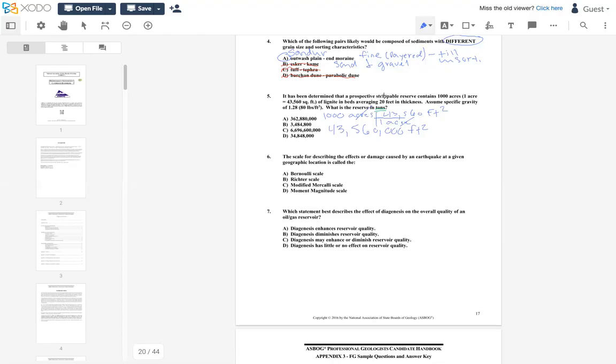So we're told that they average in thickness of 20 feet. So let's go ahead and make this cubic feet by multiplying by 20. And so what we get when we do that calculation is 871,200,000 cubic feet.